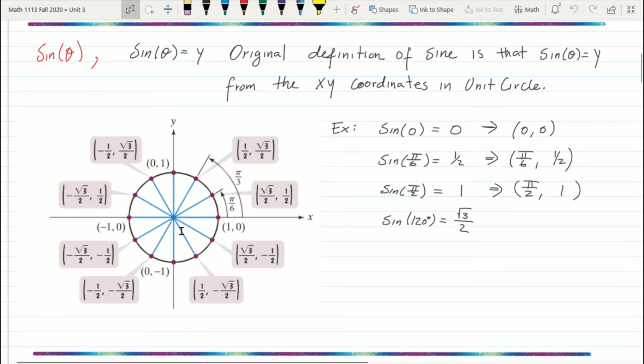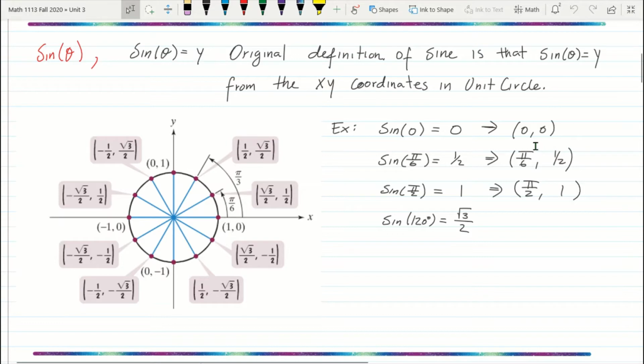So if you say sine of 0 degrees or 0 radians, it is going to be the value y of that ordered pair. So in this case it is 0, like we're showing here. So if you plug in a 0 and you get back a 0, then the point that we're going to plot is going to be (0, 0).